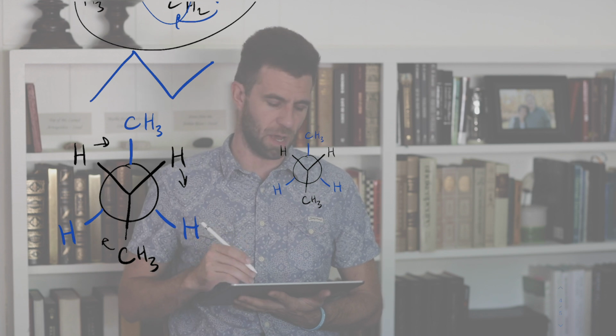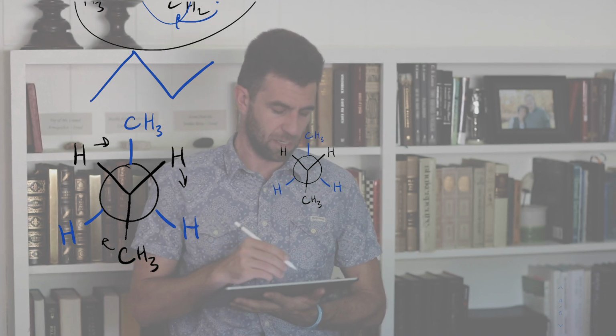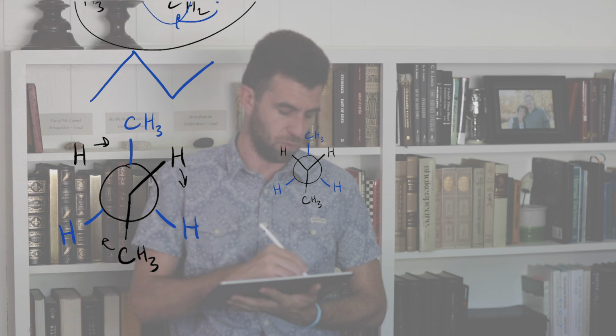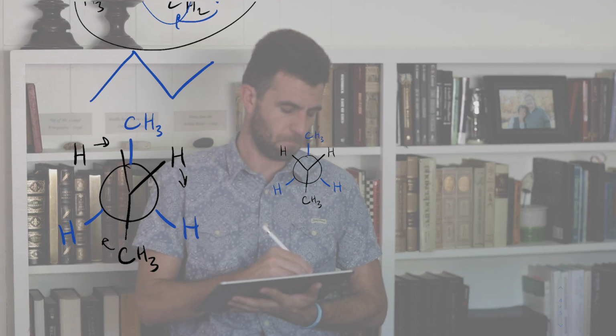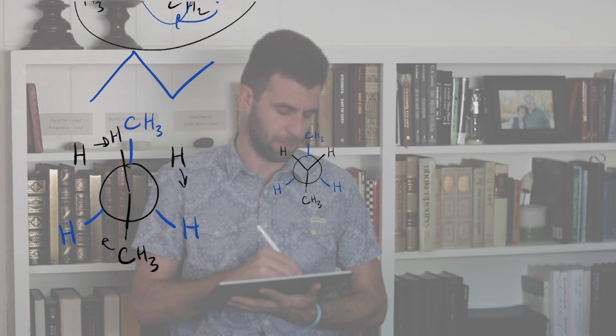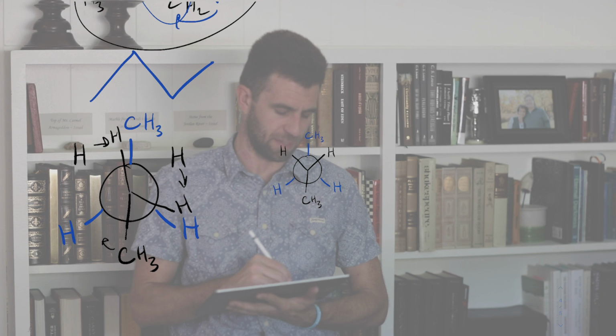So the next possible thing that we're going to get is we're actually going to get a hydrogen that moves right there. We're going to get this hydrogen to move right up against this guy.